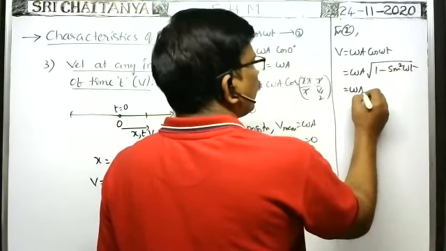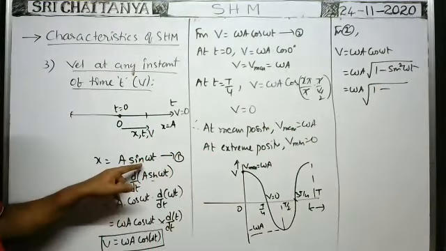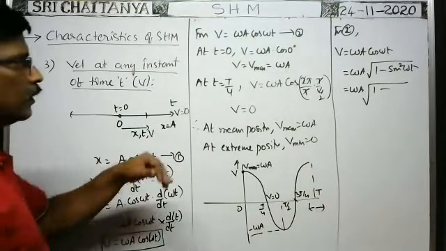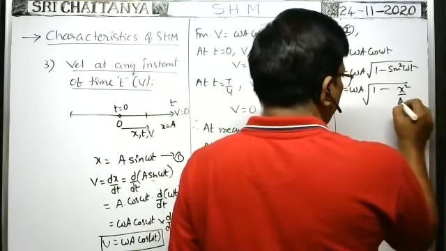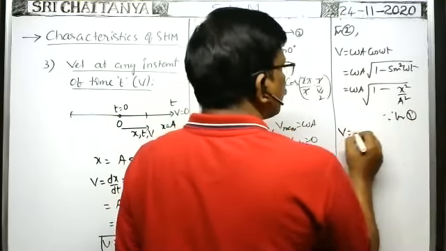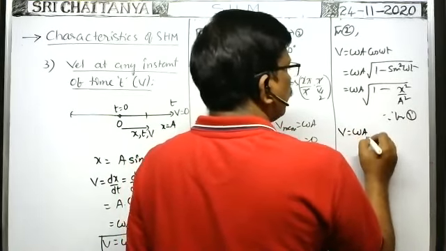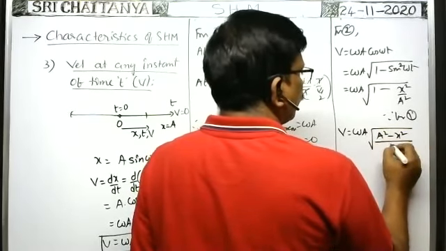That is equal to omega a into square root of 1 minus sin square omega t. From equation 1, sin omega t is equal to x by a. Sin square omega t means x by a whole square, that means x square by a square. Therefore, v is equal to omega a into square root of (a square minus x square) by a square.